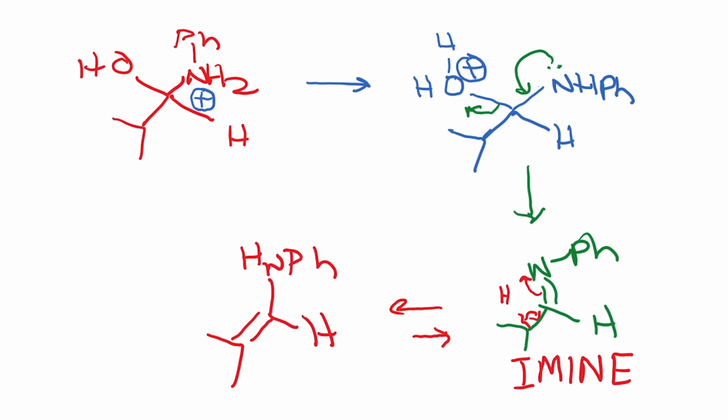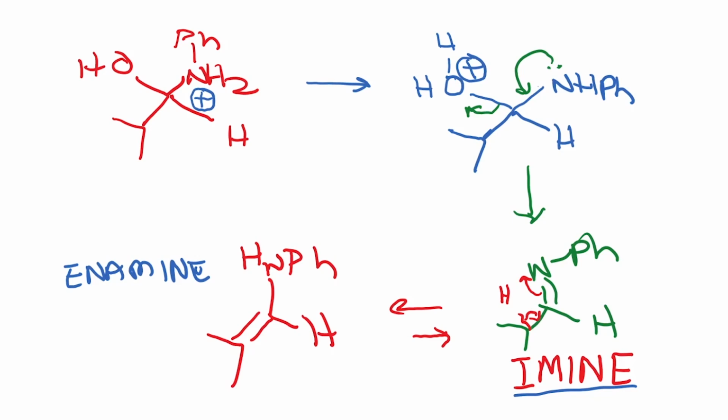This intermediate is called the enamine. Just to revise this concept, you have the formation of an imine, which is shown here, and then you have the formation of an enamine. Again, you can go back to your textbook. This is in the formation and reactions of enols and enolates, and you can go back and look at it.